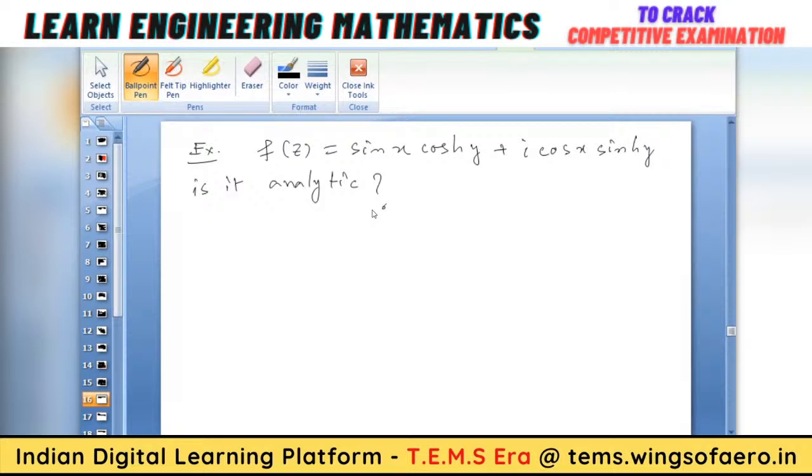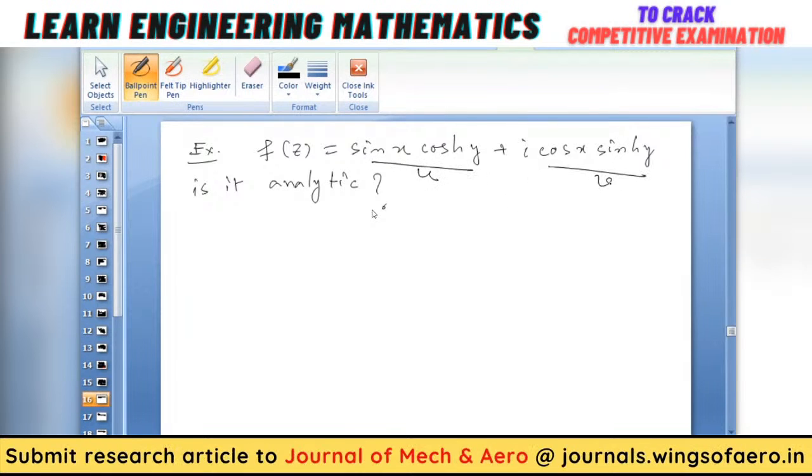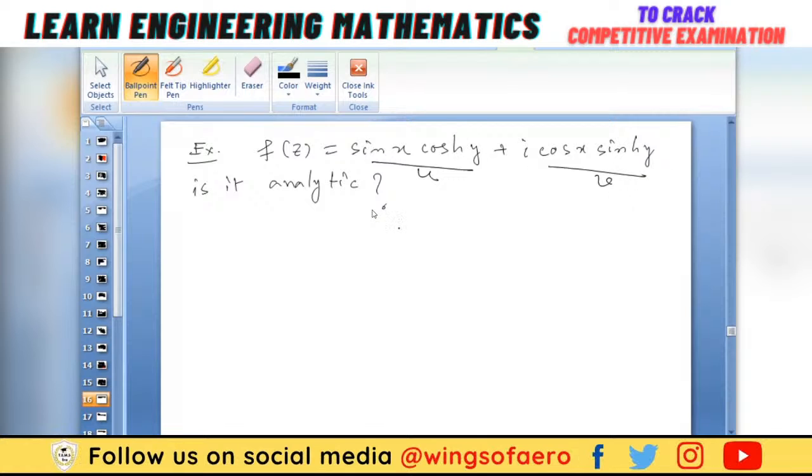Del u by del x equal to del v by del y. So what is u here? This is u and this is v. I multiplied with v, so cos x sin x, this is v and this is u. Look at this 14th slide.